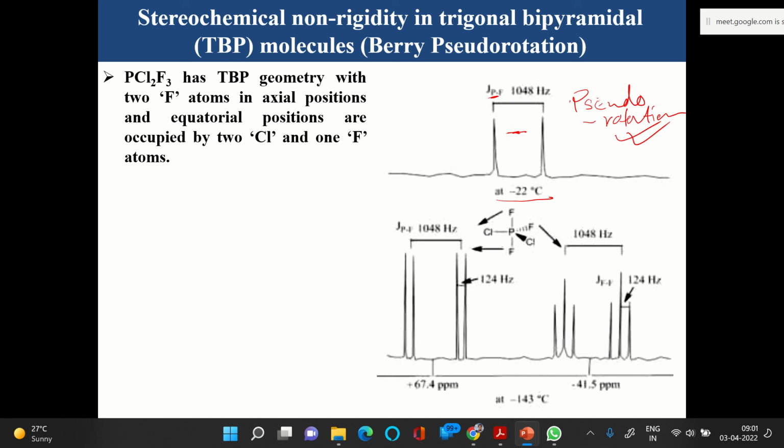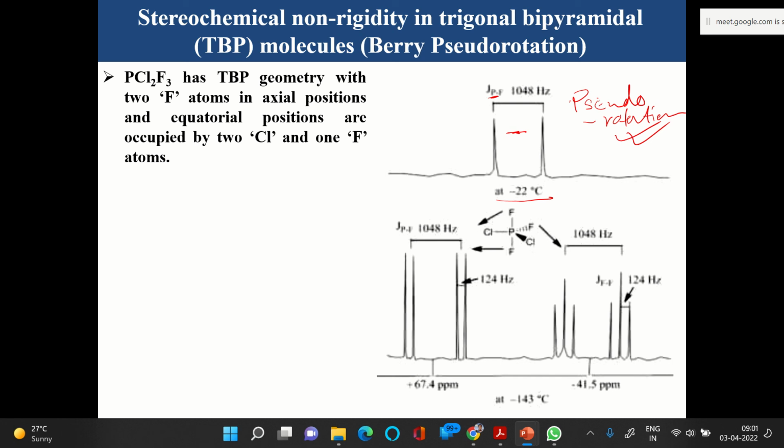But because phosphorus is the central atom to which all of them are connected, and it is also magnetically active, there will be interaction, so the signal will split into two, and a doublet will be obtained.